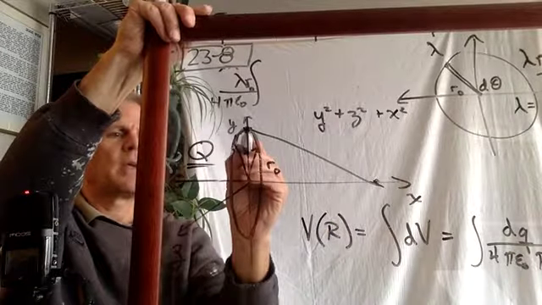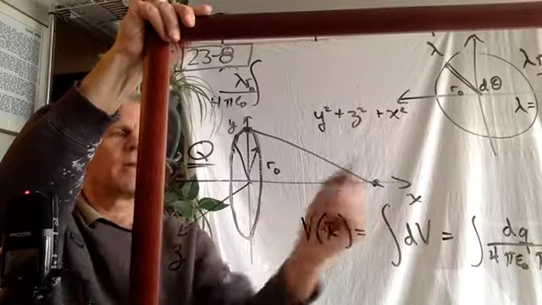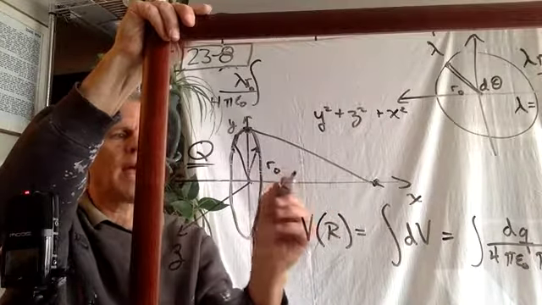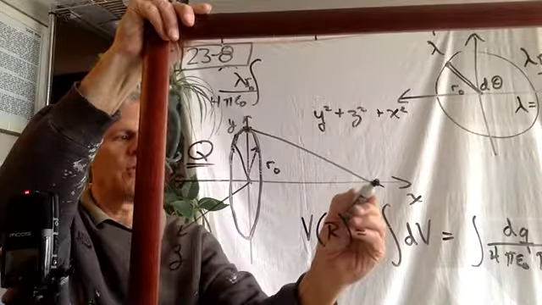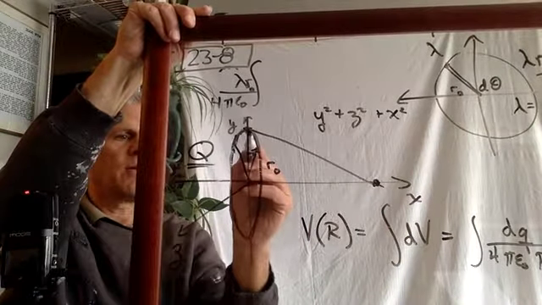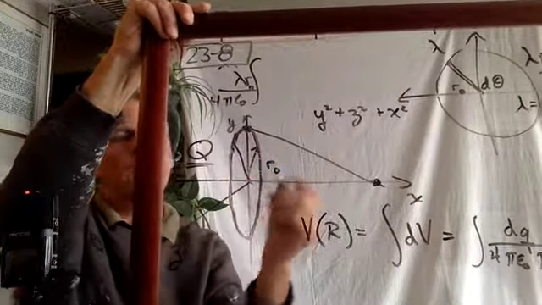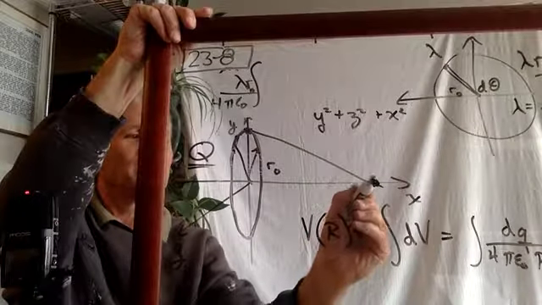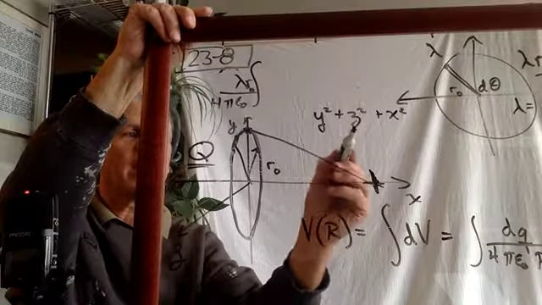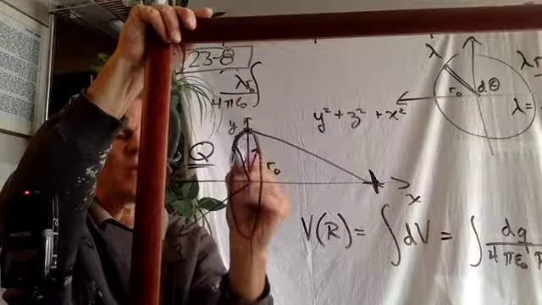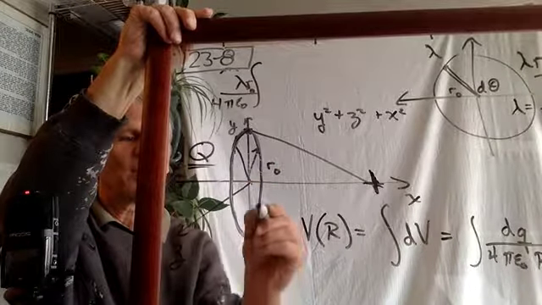Where we're going from here to here, I'm playing a little bit fast and loose. The point here is that y and z are equal to 0, and the point here is that x is equal to 0. So when I say x, I actually mean this specific point right here, x. When I say y and z, I mean any point along this where there are different values of y and z.